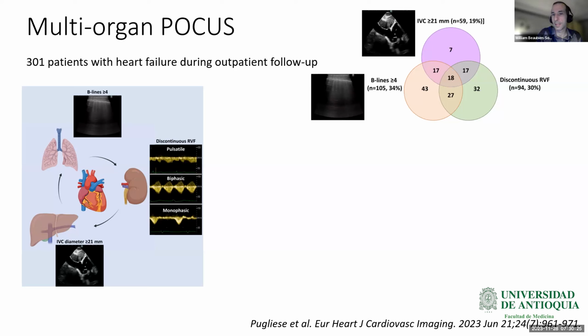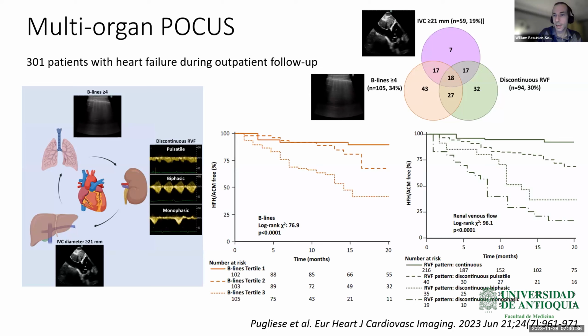So we can really distinguish between lung congestion or systemic congestion using this multi-organ point-of-care ultrasound examination. And again, both pulmonary congestion and abnormal signals in intrarenal venous flow are associated with adverse outcome in this cohort.